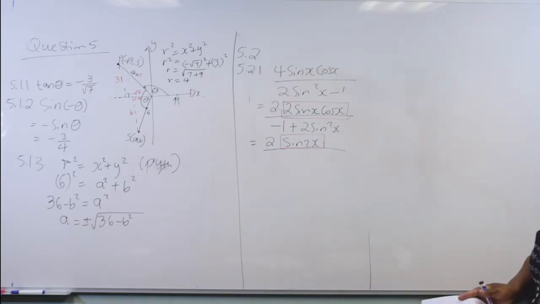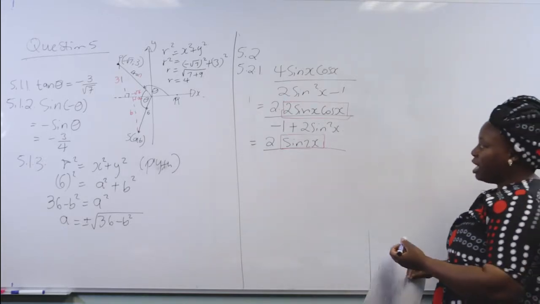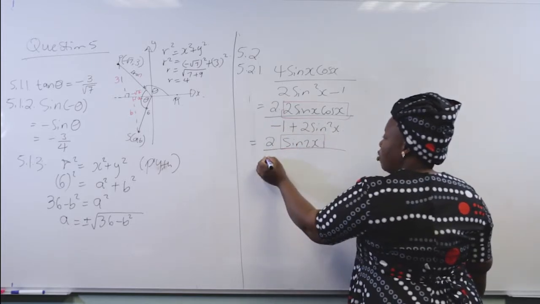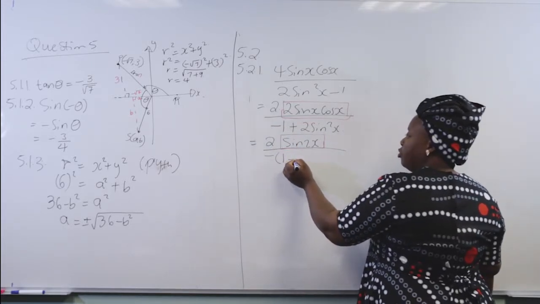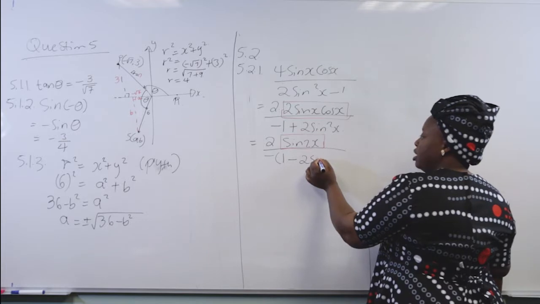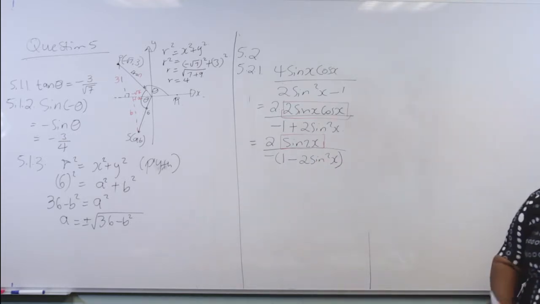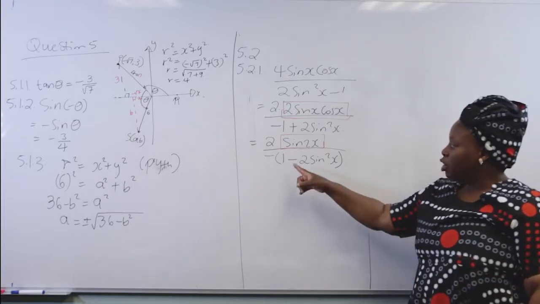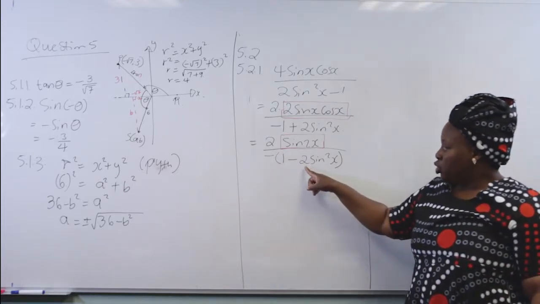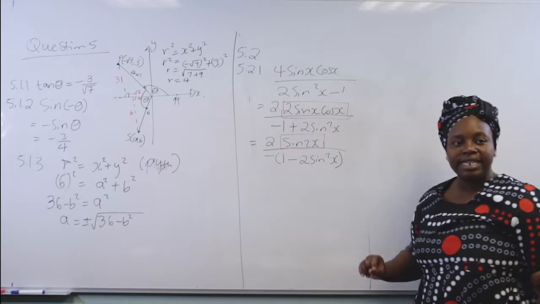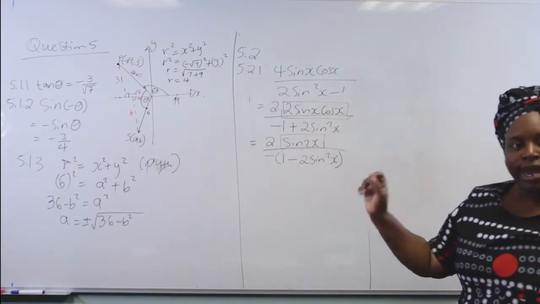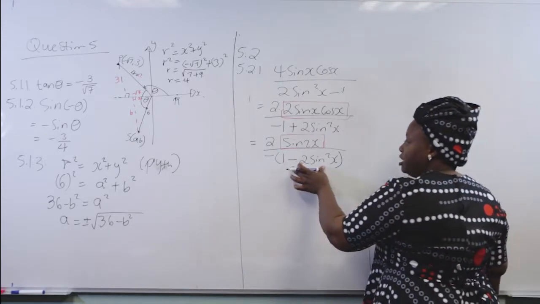But in the denominator, I need to work out what is coming out. There I need to take out the common factor of a negative, then I'm left with 1 minus 2 sine squared x. Folks, I'm doing this so that it will accommodate what is on my formula sheet, because 1 minus 2 sine squared x is the same as cos 2x. So I can now change this to cos 2x.